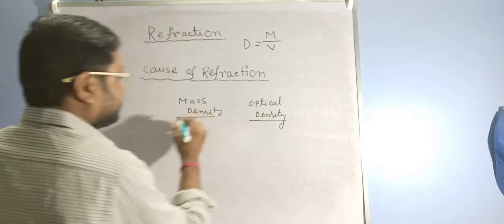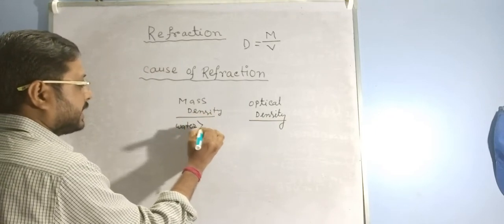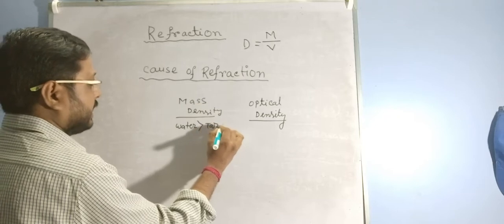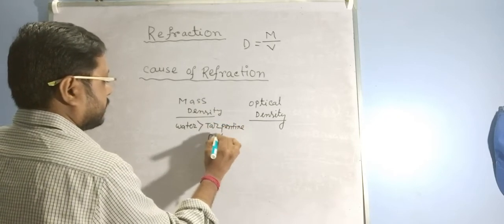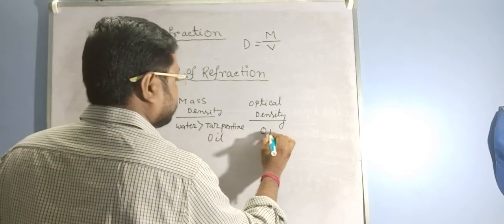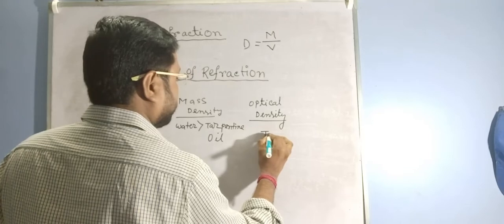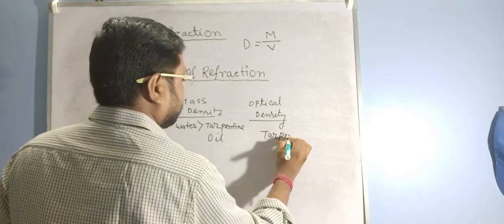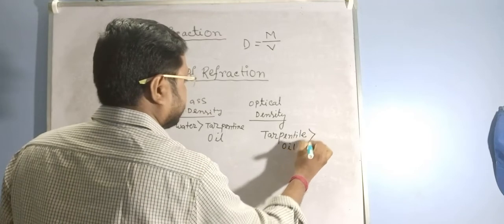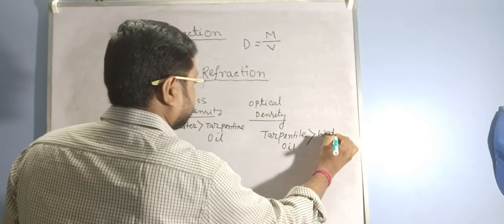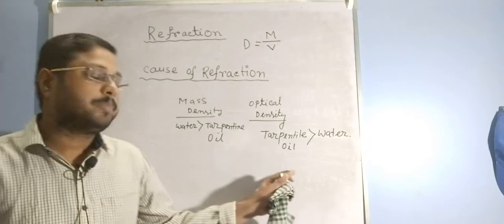Like the mass density of water is greater than turpentine oil, but the optical density of turpentine oil is greater than water. This is the basic difference between mass density and optical density.